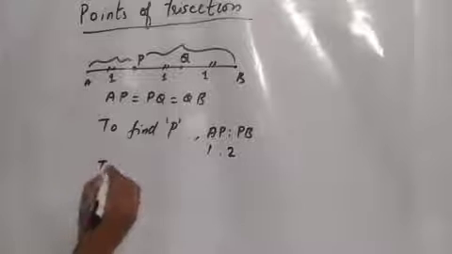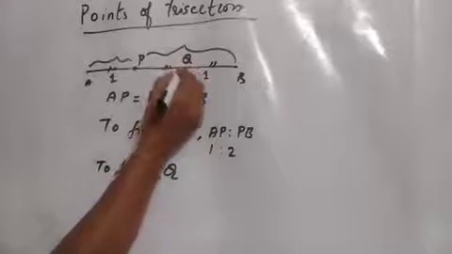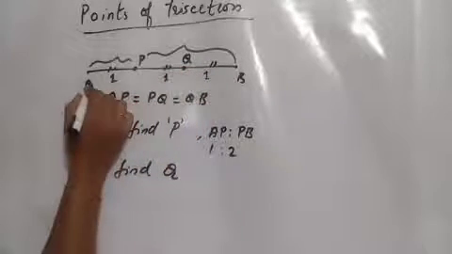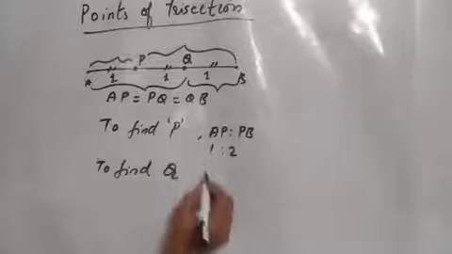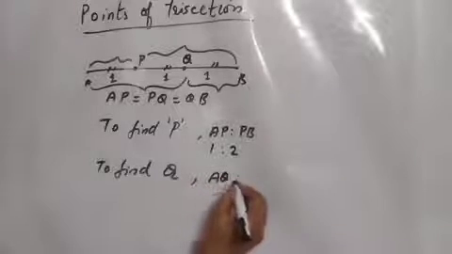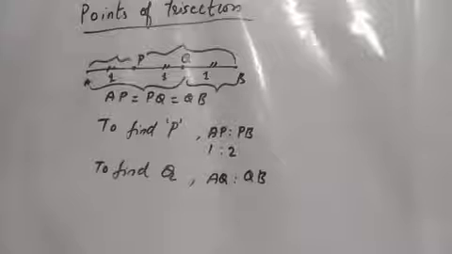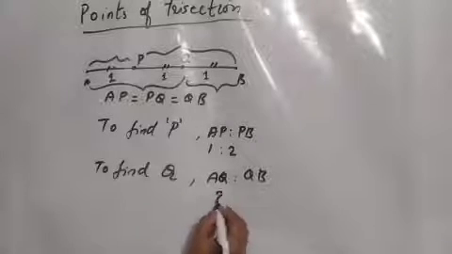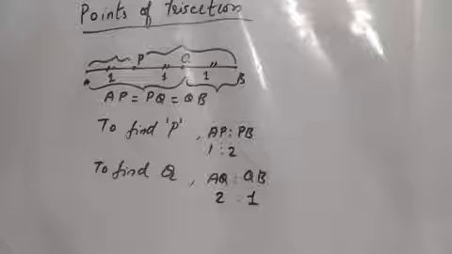Also, to find Q, that is the second point, look at this. The ratio will be AQ is to QB. We should take the ratio AQ is to QB, that is 2:1. So these are the two ratios.